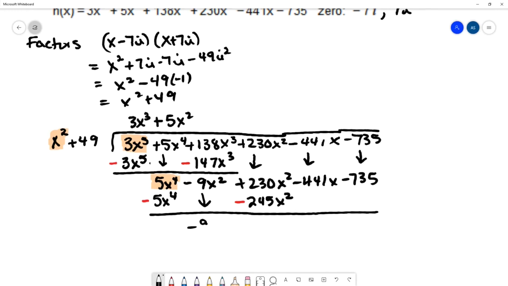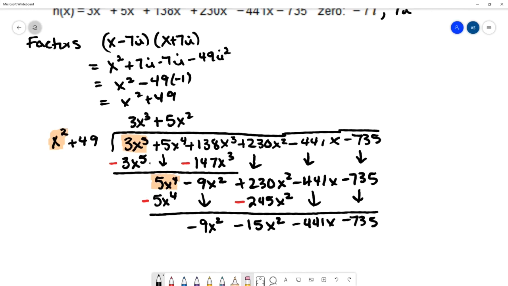The next term comes down. Negative 245 plus 230 would be a negative 15x squared. And we'll carry down these terms, minus 441x minus 735.